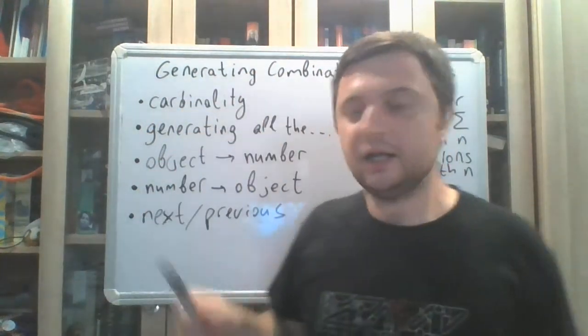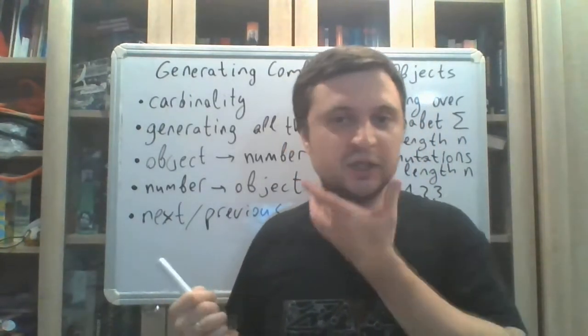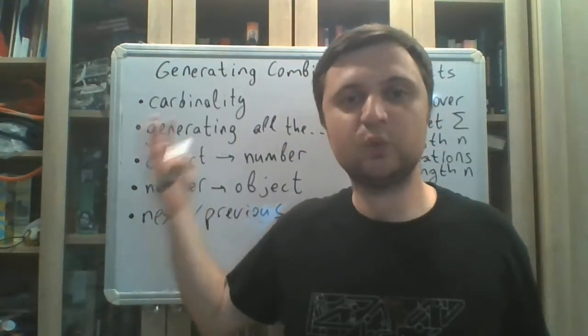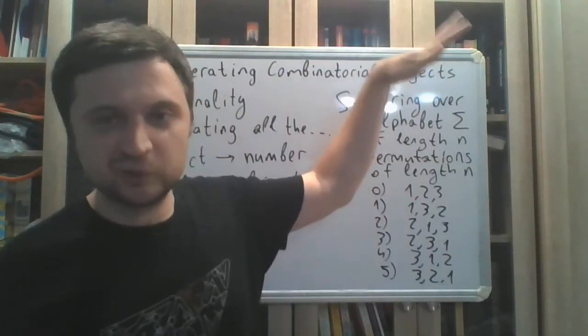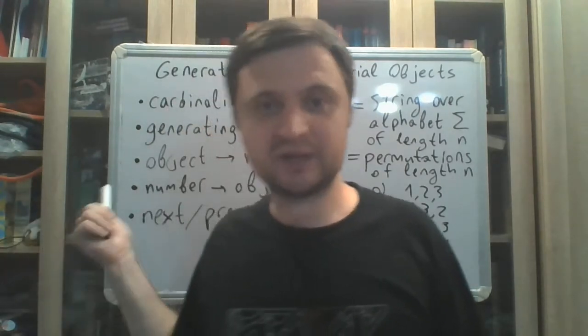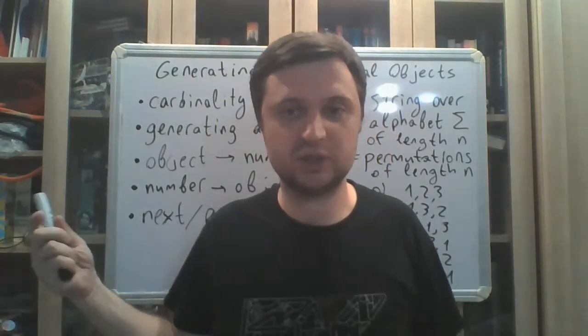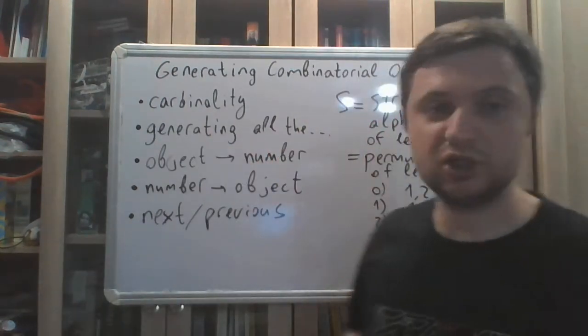These four tasks are there if you need them to be solved quickly, like generating the next permutation without generating all the permutations. That's where the tasks usually become quite interesting. But if you're okay with exponential time, then just learn the generation procedure.